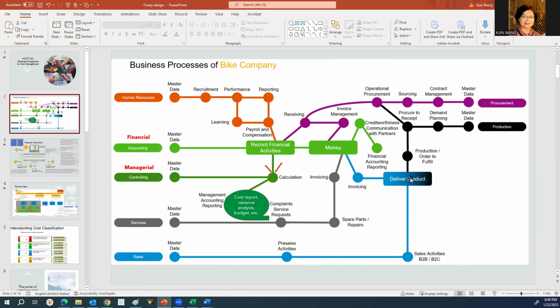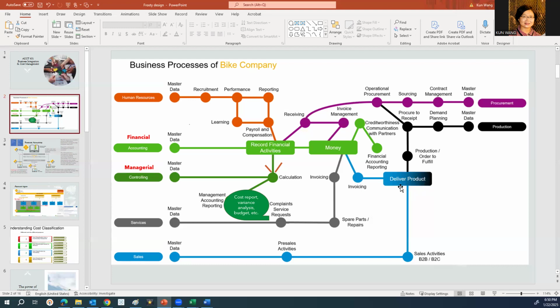Because the sales function receives the products completed by the manufacturing department and then delivers them to the customers. So once the sales function delivers the products from production to the customers, then we recognize the sales revenue with the invoicing and also recognize the cost of goods sold.